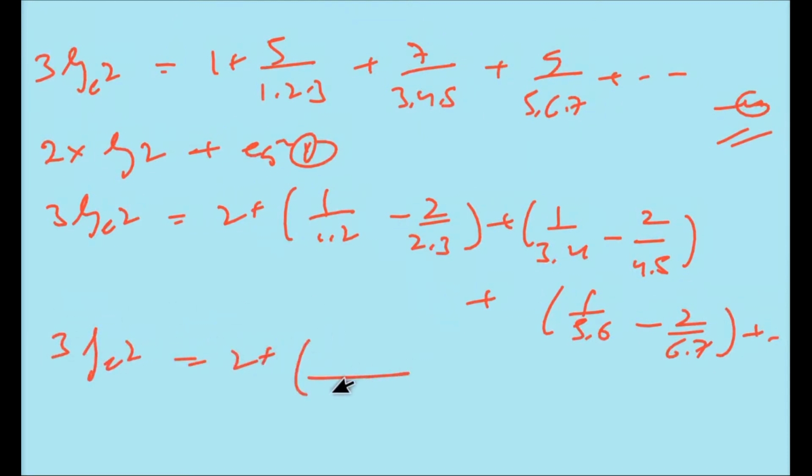So now here we can take the LCM of 1, 2, 3, then we get 3 minus 2.